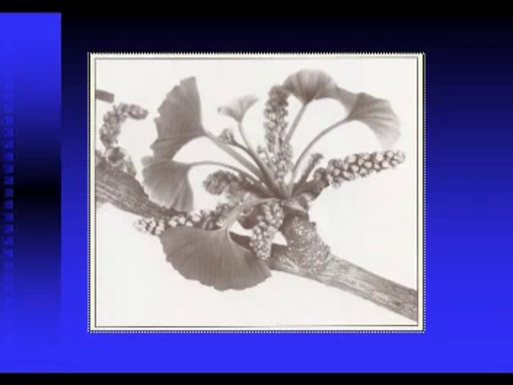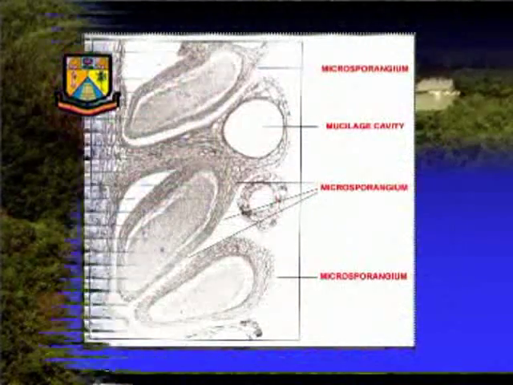The male plant has male reproductive structures in the axil of the leaves of the spur shoot. Each male reproductive organ has a main axis with many lateral microsporangiophores.